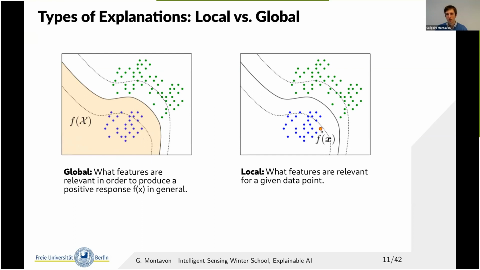Whereas for a local explanation, you will focus on a specific data point and typically try to analyze how the function behaves around that specific data point. For example, to identify features to which the function strongly reacts in this location. And it might differ if you look at the function for this given input, for this given image, or if you are looking at the function for the one just above.